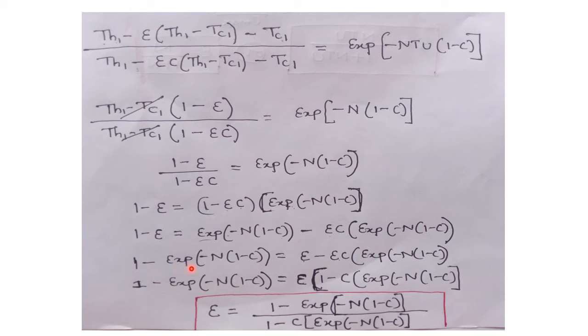So 1 − exp(−N(1 − C)) will be equal to ε minus ε·C·exp(−N(1 − C)). Here again I take ε common, so in the bracket it will be 1 − C·exp(−N(1 − C)). Finally, taking the effectiveness term outside, the equation is ε = (1 − exp(−N(1 − C))) / (1 − C·exp(−N(1 − C))).